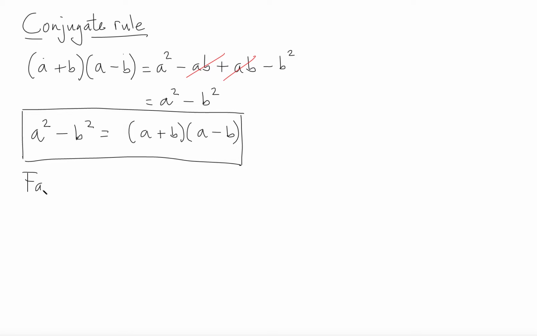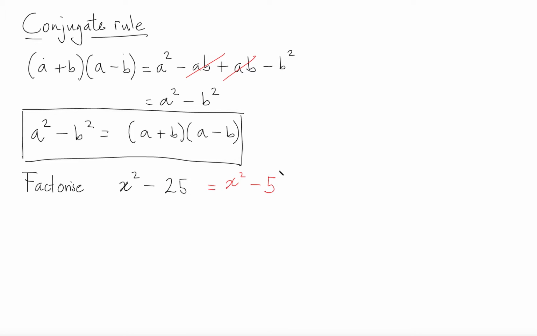Let's factorize, or attempt to factorize, x squared minus 25. Well, x squared is a square term, it's the square of x. Is 25 a square of something? Well, yes it is. We can rewrite this, x squared minus 5 squared.